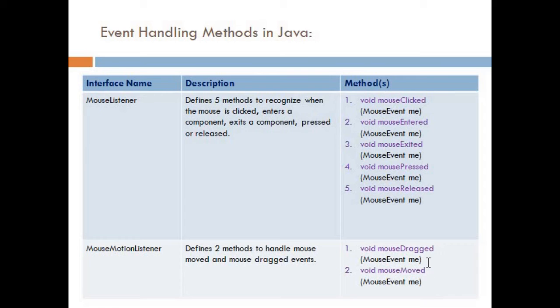Each of these methods takes an object called ME of the class MouseEvent. This object ME is the event message object. So each of these methods is defined by the listener known as the MouseMotionListener. And whenever the corresponding event occurs, the particular method will execute the series of actions corresponding to that event.